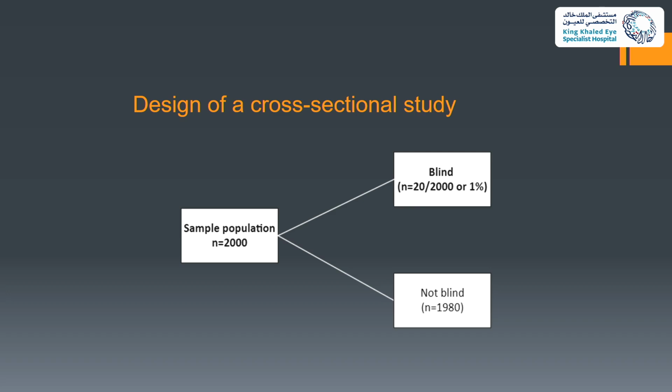The aim of the study is to find out the prevalence of blindness. This hypothetical study found that out of 2,000 people, 20 were blind, using WHO's definition, which means that 1% of the population is blind.